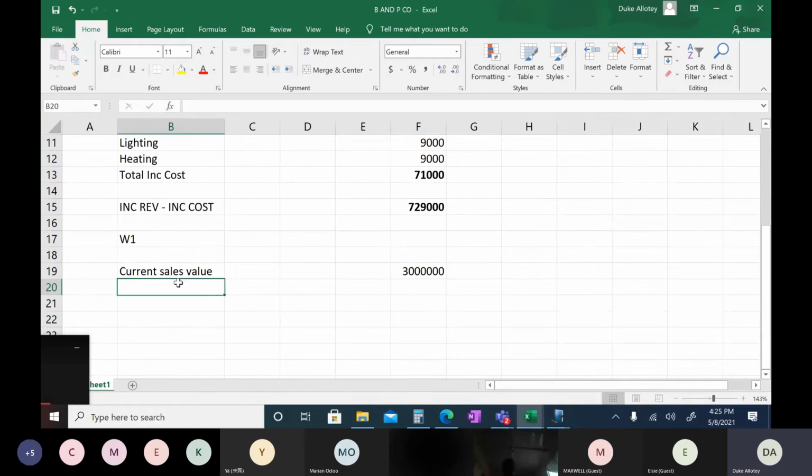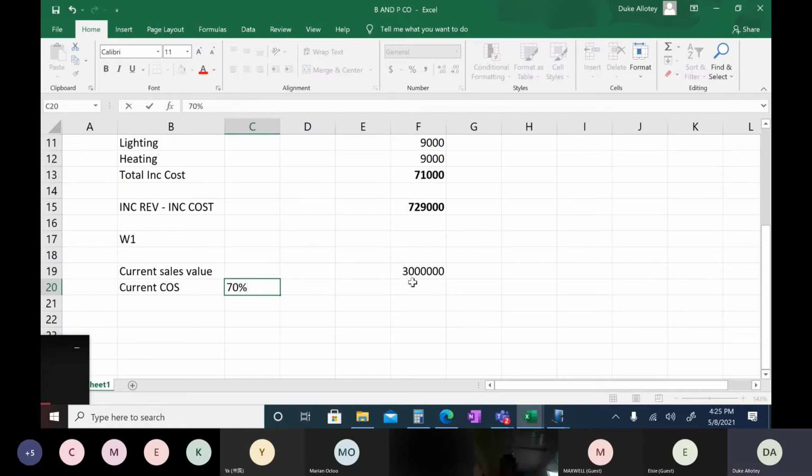Then our current cost of sales, which is 70%.